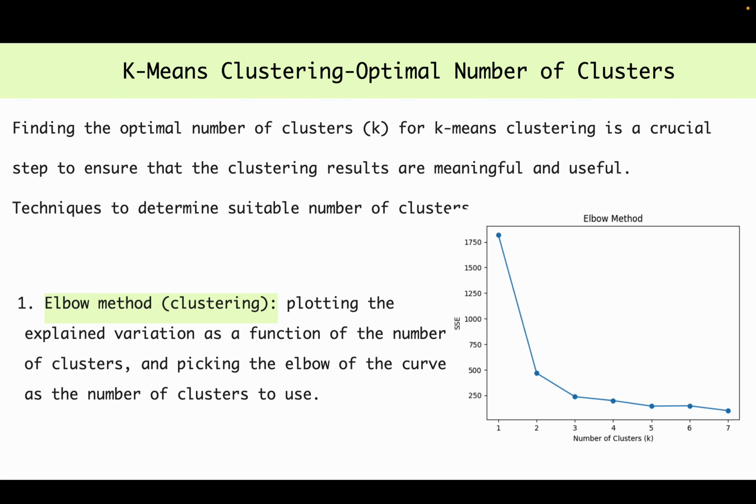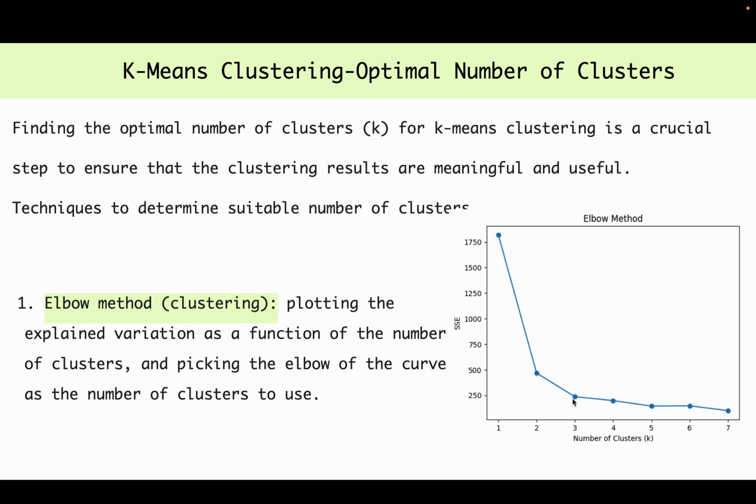An important step is, how do we find the number of clusters? It is a very challenging thing. One method suggested is called the elbow method, where we plot the error with respect to the number of clusters. If you have only one cluster and you compute the error, this is what is given. If you have 2 clusters, you have this.